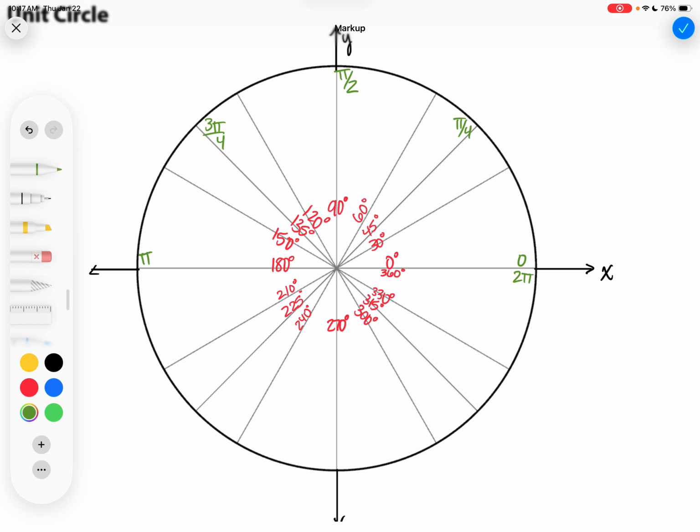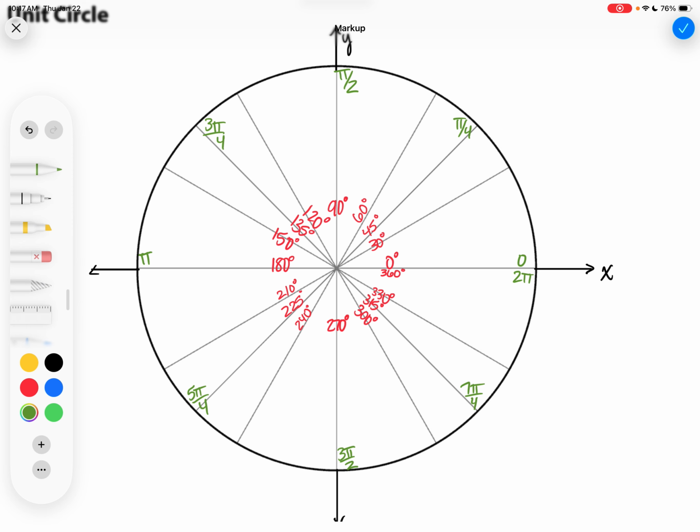So this was 4 pi over 4, so this is 5 pi over 4. Then at 270, that would be 6 pi over 4, which reduces to 3 pi over 2. Then the next one is 7 pi over 4. And then all the way around one full time is 8 pi over 4, which reduces to 2 pi.